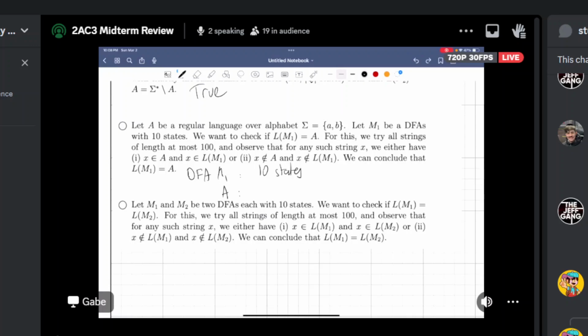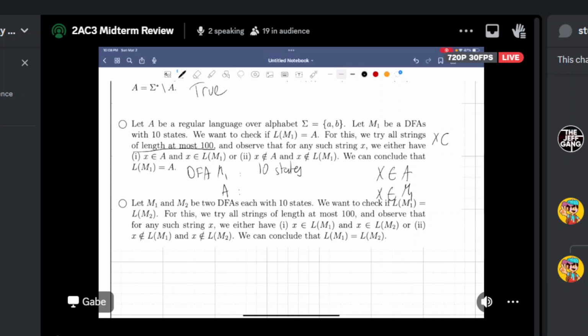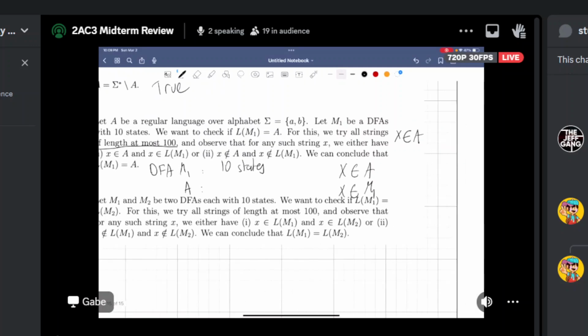So we try all strings of length at most 100, and we observe that if x was in A, then x was also in M1, and if x was not in A, then it was not in M1.